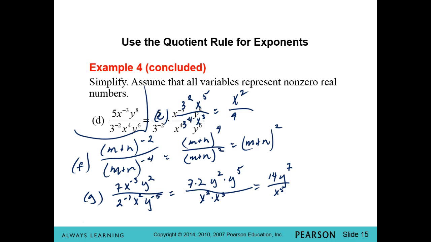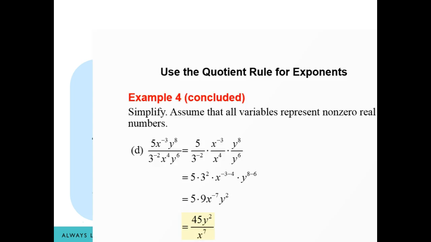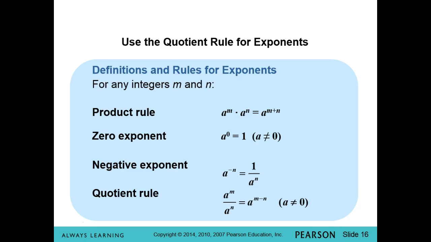Okay. I think we come to some conclusions now. Here are some reviews, okay? Definitions and rules. Product rule. You have the same base multiplied with different exponents, or even the same exponents. Keep the base, add the exponents, right?